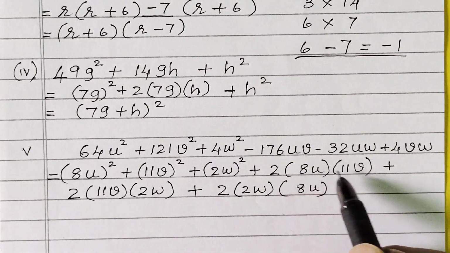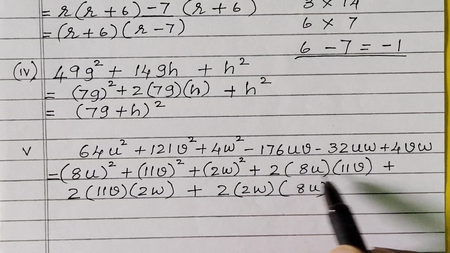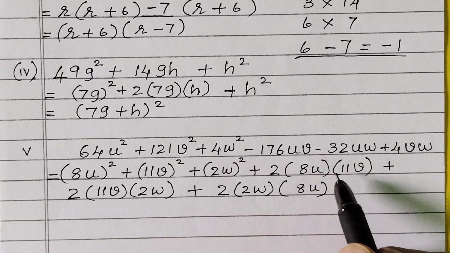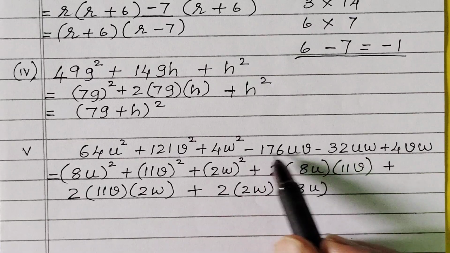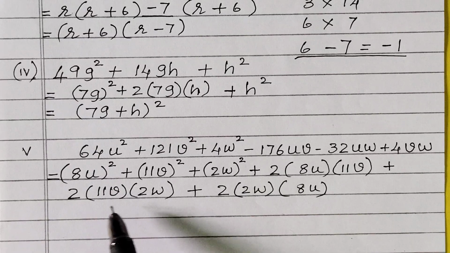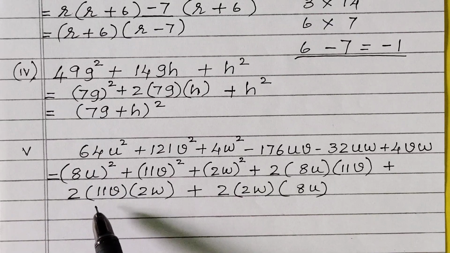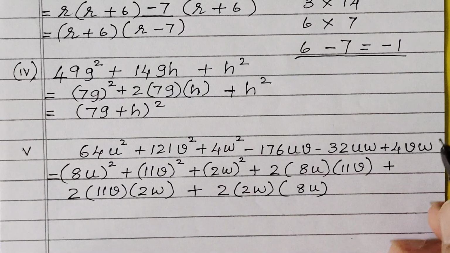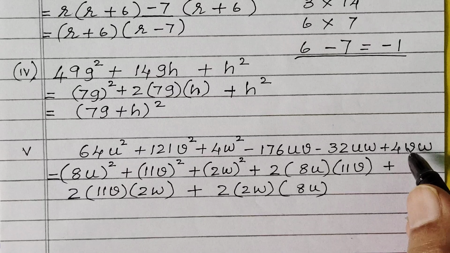Now you can see here if I solve, I am getting plus 176 uv, but here it is minus 176 uv. Sorry, here I have copied the sum wrongly. This last term is 44 vw.